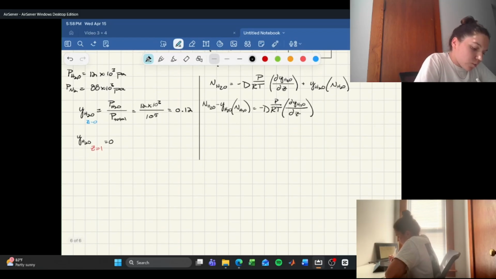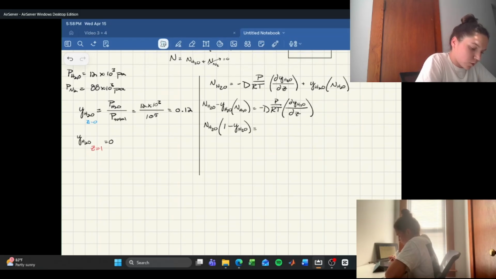And then on the left side, we can factor out the flux of the water. So if we factor this out, it's going to be multiplied by 1 minus mole fraction of water. And then the right side stays the same. So I'm just going to copy this down.